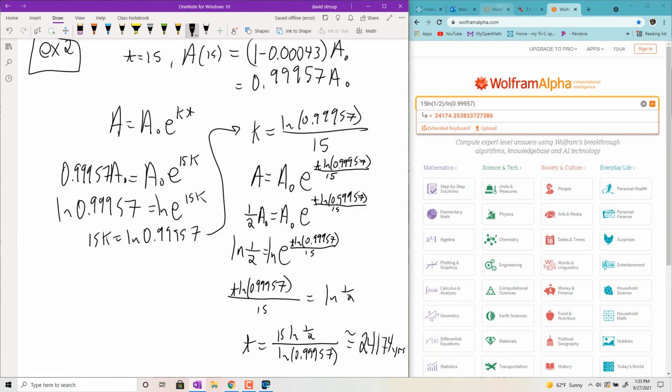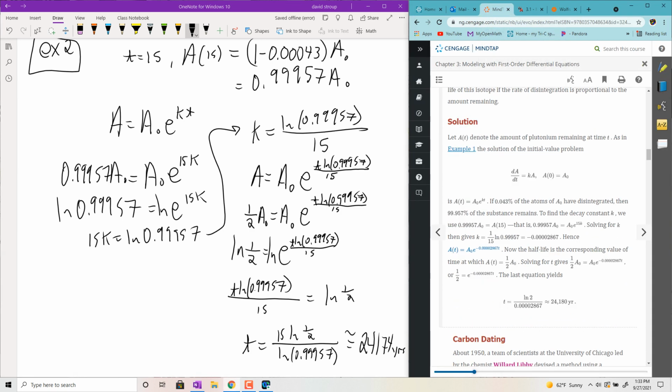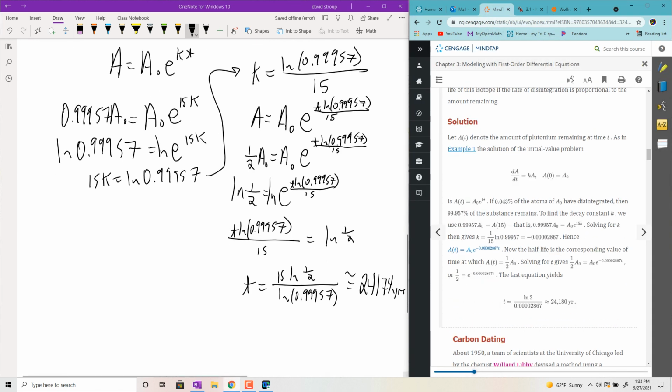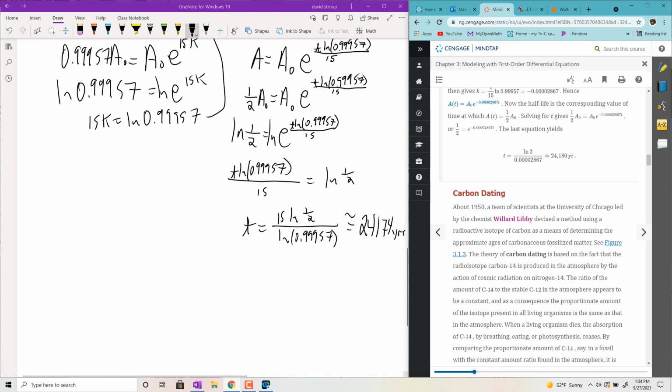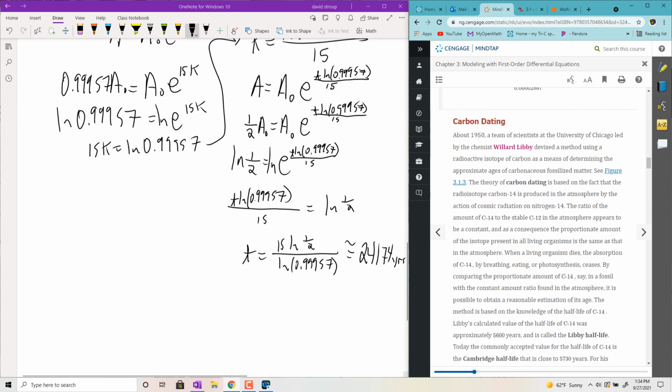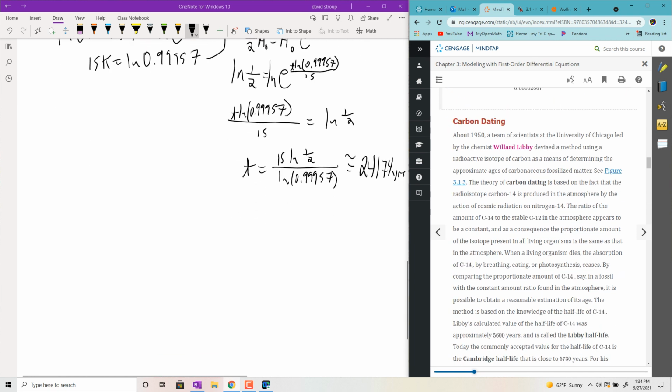Let's see what the book says. Oh, they rounded differently than I did, apparently. They got an approximation for k, so my number is probably better because I didn't use an approximation. Okay. So anyways, carbon dating, you can use the half-life of carbon-14.